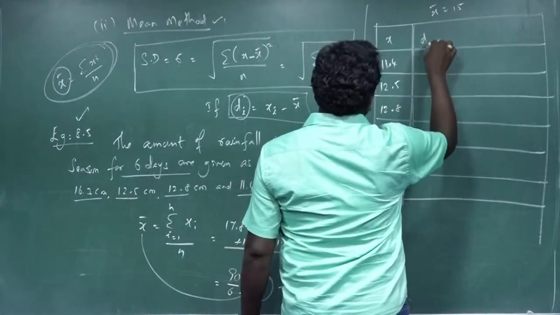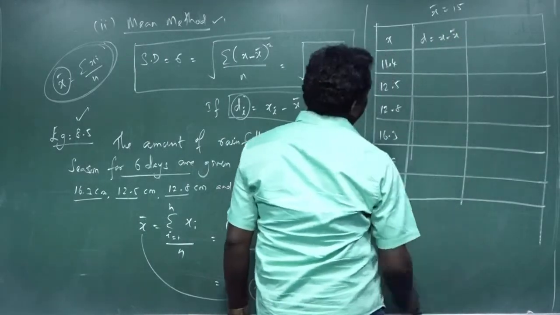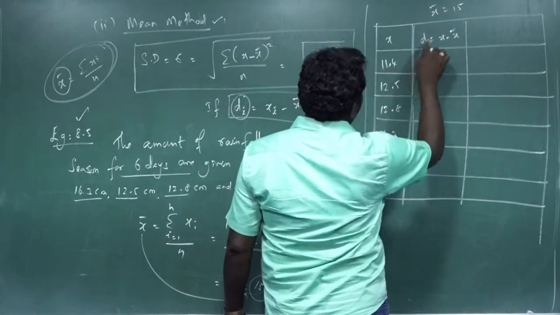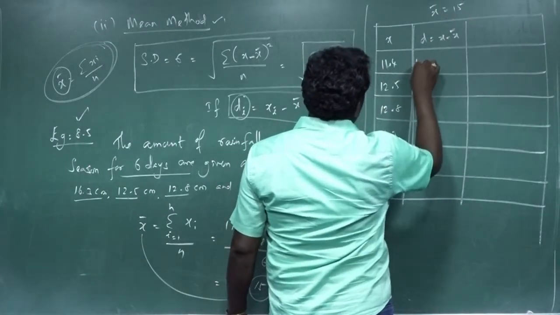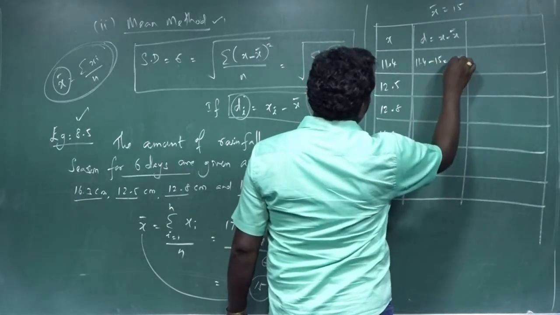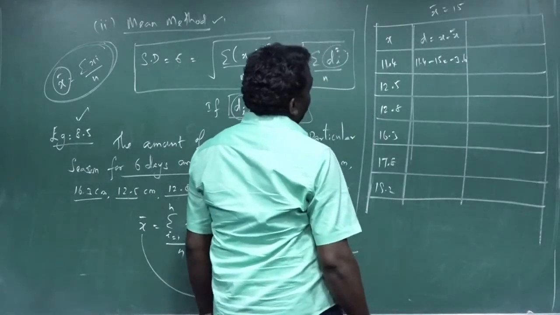Now we need to find d, equal to x minus x bar. For the x value 11.4 and x bar equal to 15, 11.4 minus 15 is equal to minus 3.6.